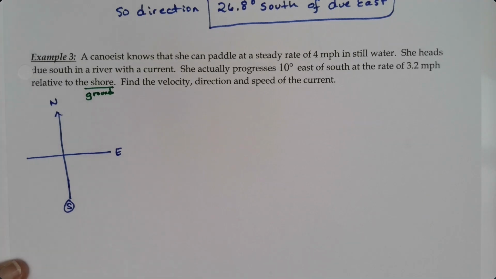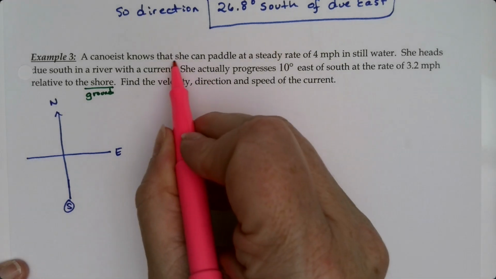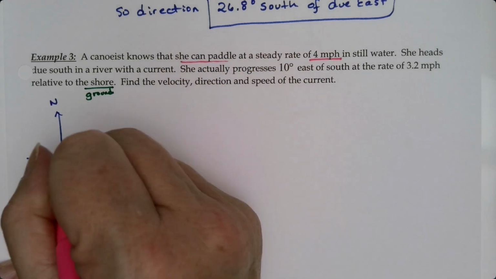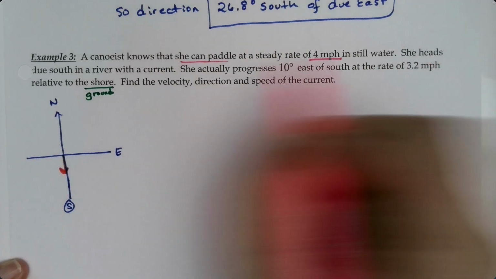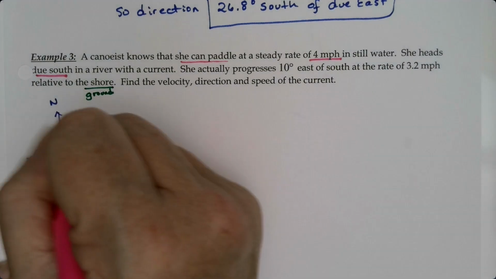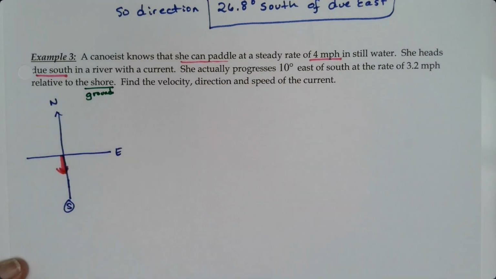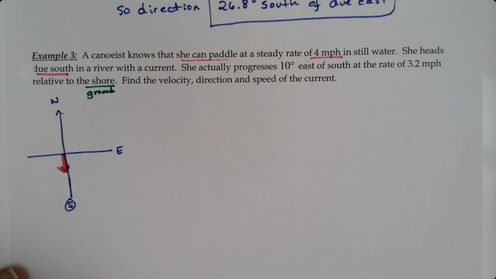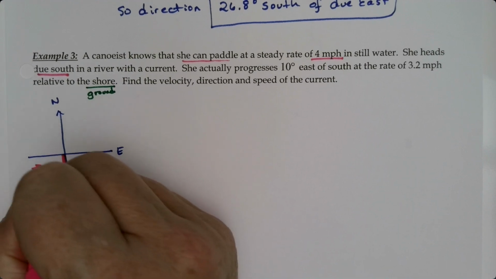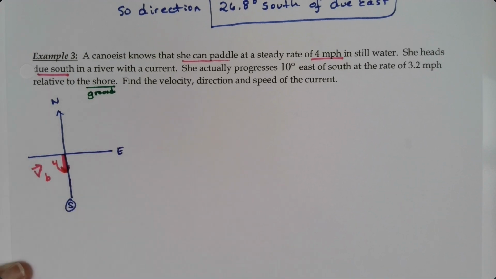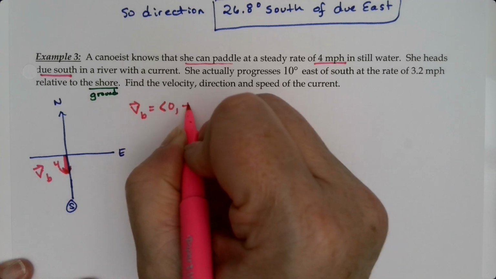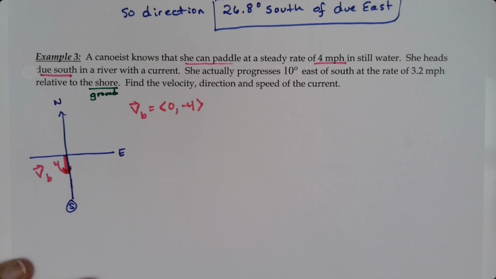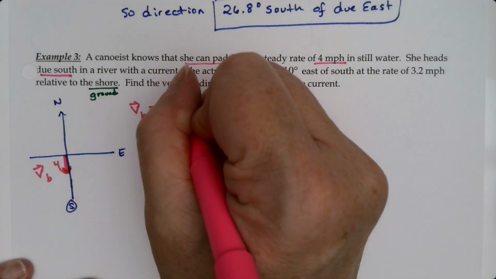So we've got two things going on here. The part about her paddling at a steady rate, that's her vector. She's heading due south right there. That's the velocity with respect to the boat, if you will. It's got a magnitude of 4. So the velocity with respect to the boat is 0, negative 4, because she's heading due south.